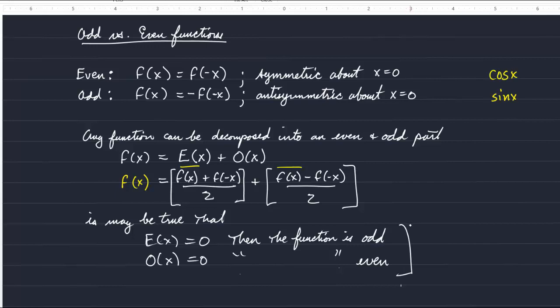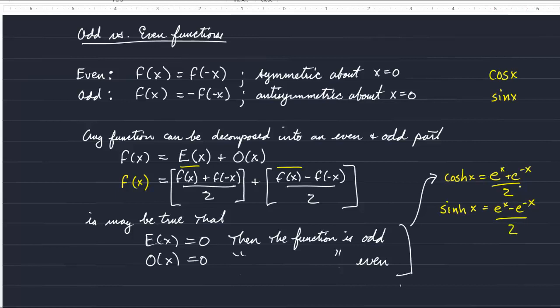So why don't I ask you a question here, and you can work this out by yourself. So cosh of x, as I mentioned, is equal to e to the x plus e to the minus x divided by 2. And sinh of x is equal to e to the x minus e to the minus x divided by 2.